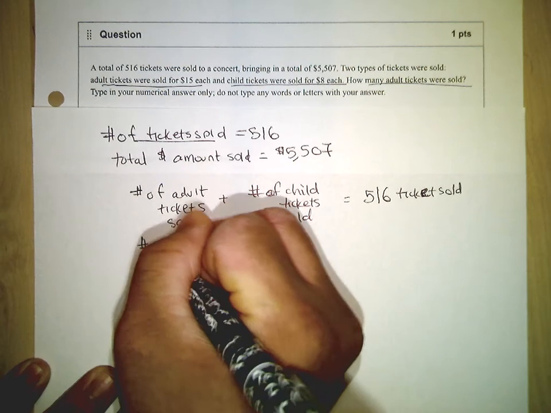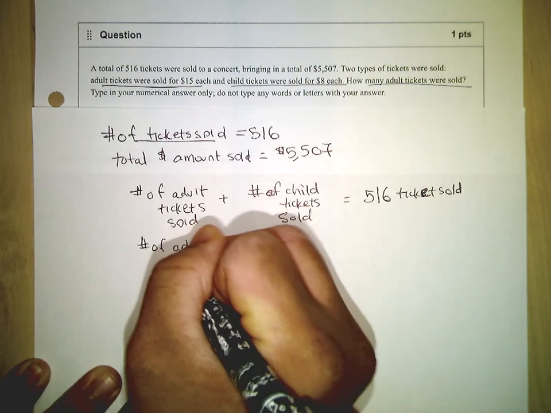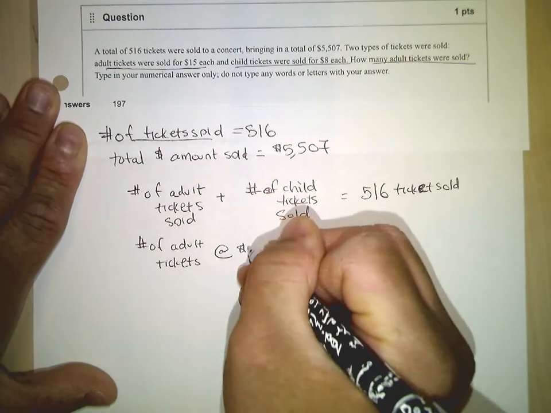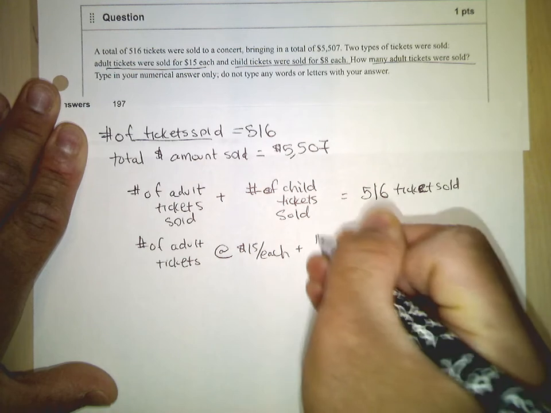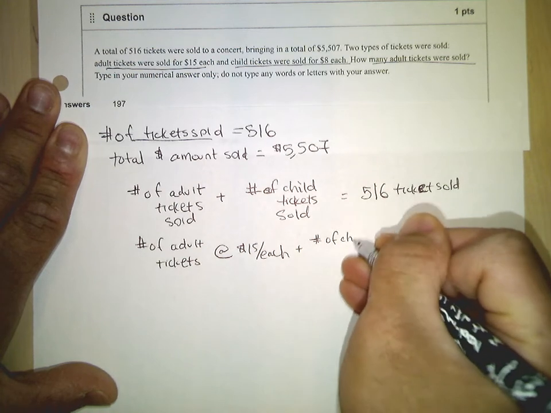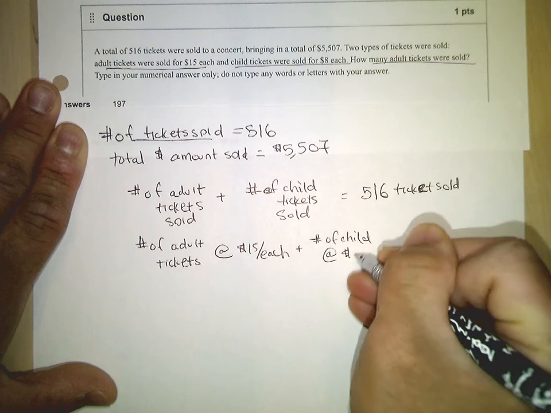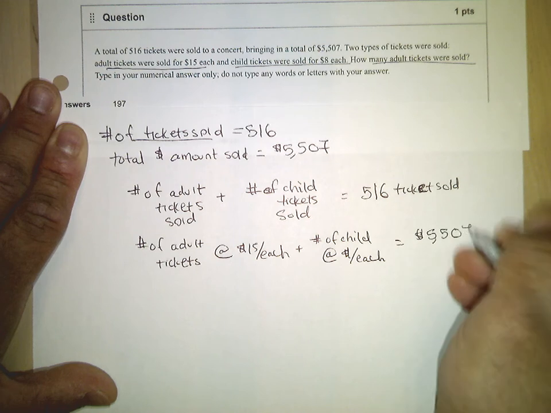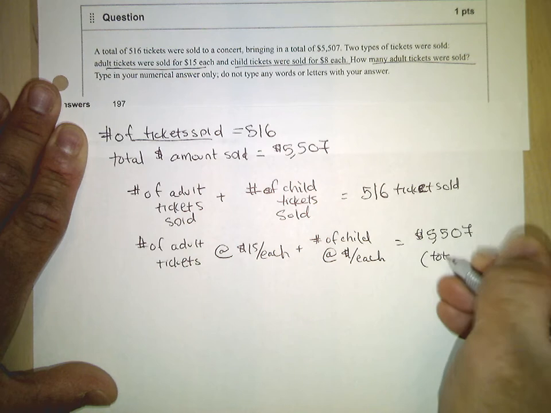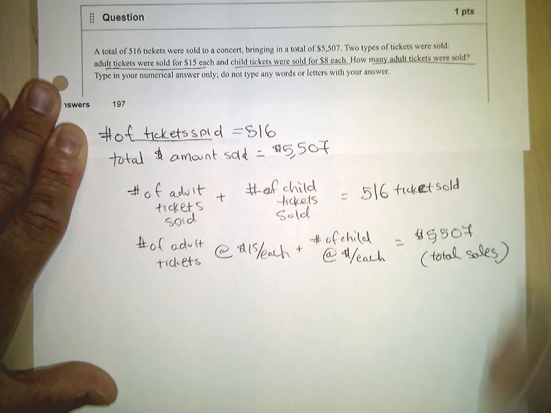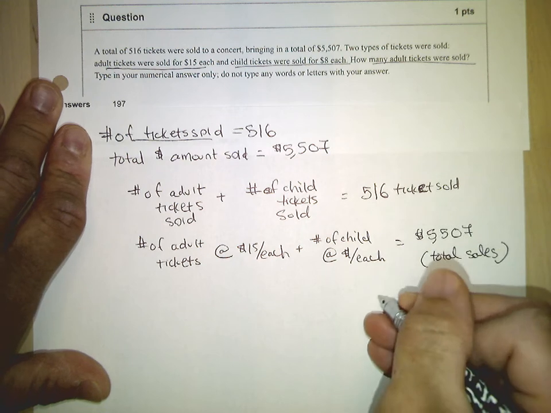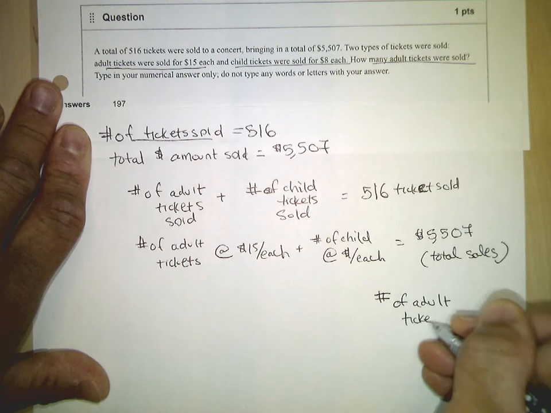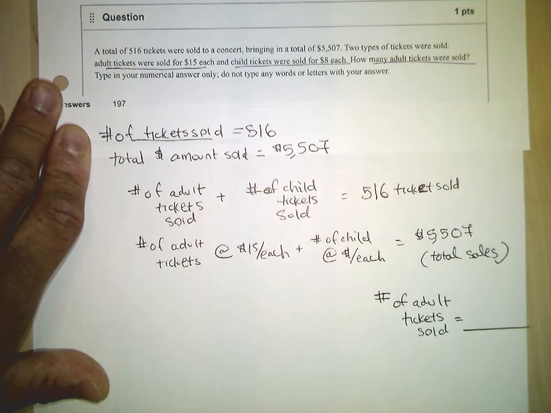So the number of adult tickets sold at $15 each plus the number of child tickets sold at $8 each will give me the $5,507, the total sales, or the total amount sold. And the question asked for the number of adult tickets sold.